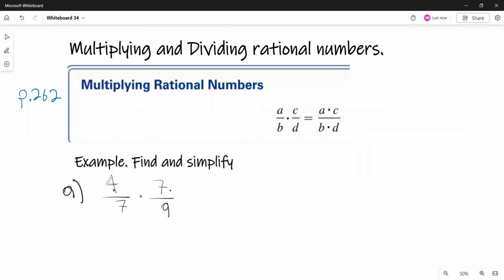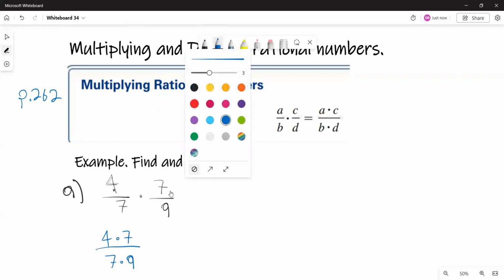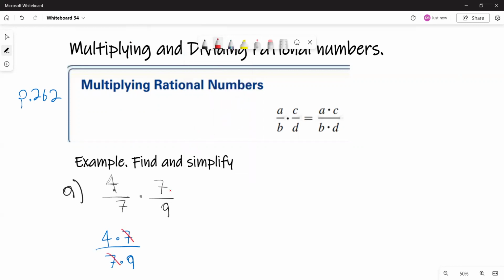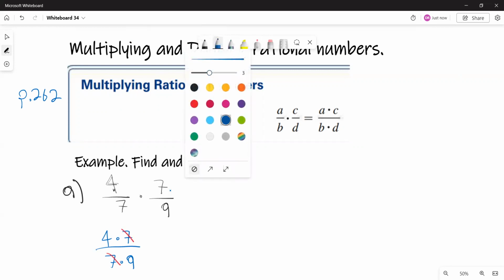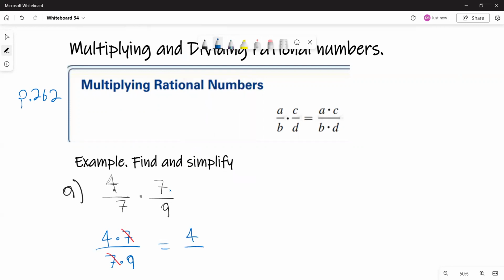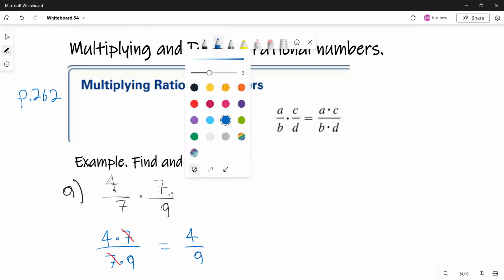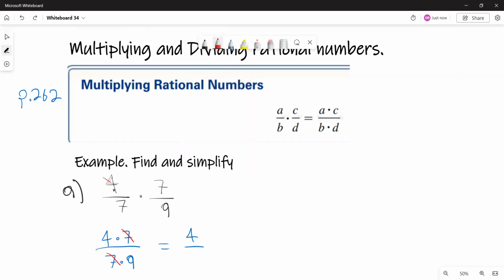That would be 28 over 63, but there's no need to do that. If you multiply them, at the end you're going to be canceling common factors. So the 7s are common factors, and that reduces to 4/9. Or you could have done it directly here. The way this is given, you could have just gone ahead and canceled the 7s. So we have 4/9.